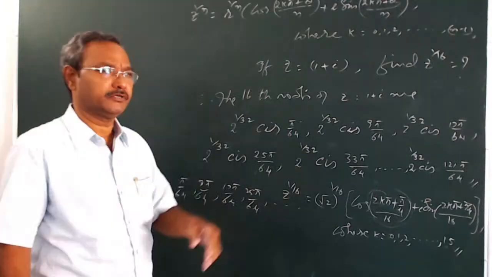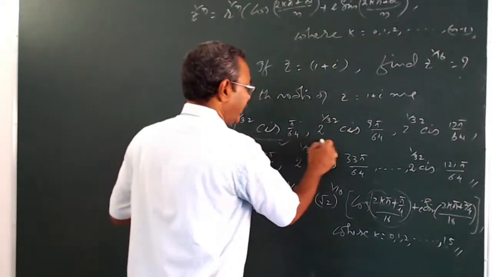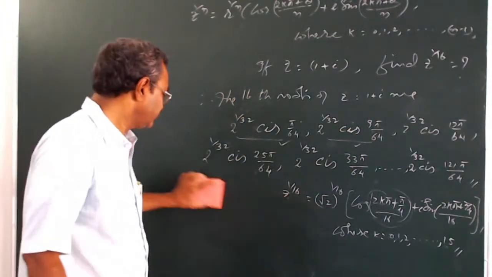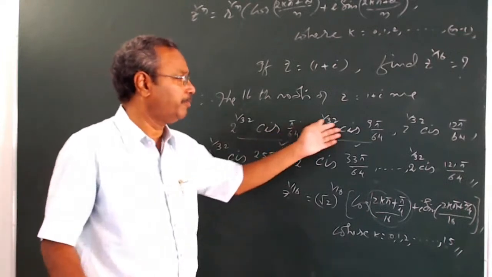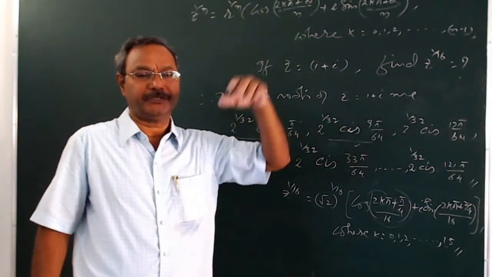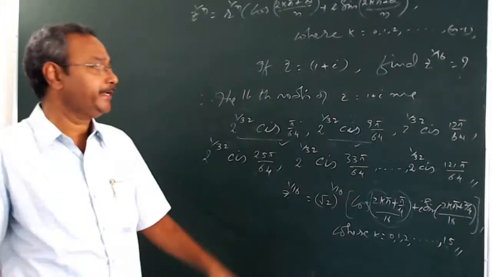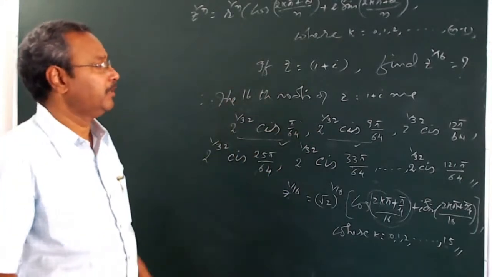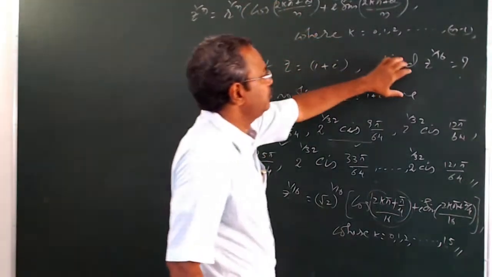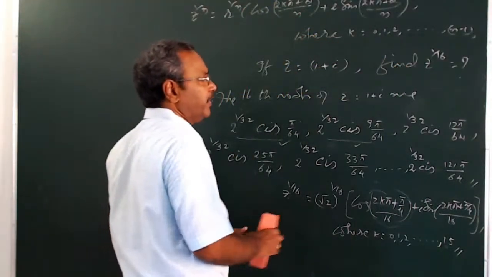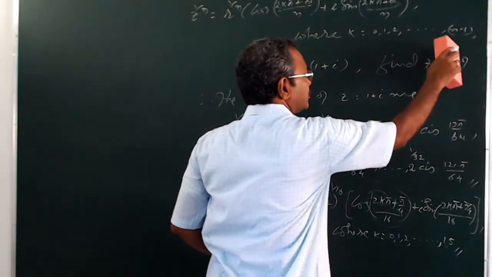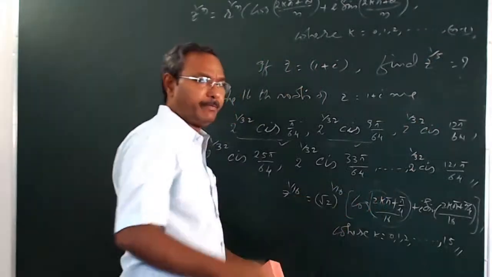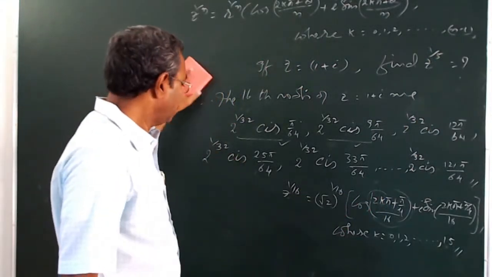So it is enough to identify the first two roots, and then you can write the sequence just by adding the common difference for the amplitudes. Okay? This is a way to find the nth roots of any complex number. I have found the 16th roots of a complex number. For example, if it is not the 16th root, it is only the 5th root, what should be my answer? The answer is simple.